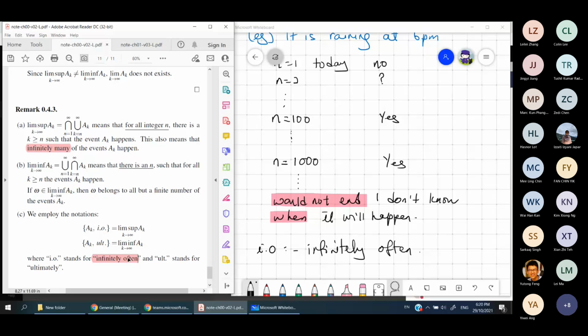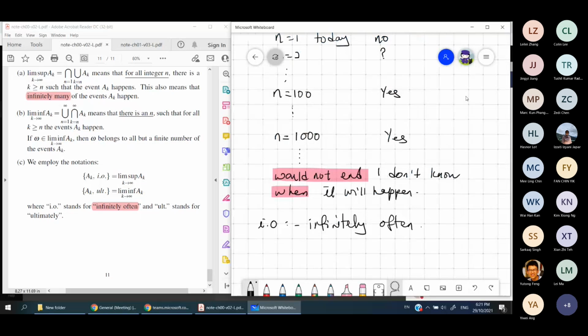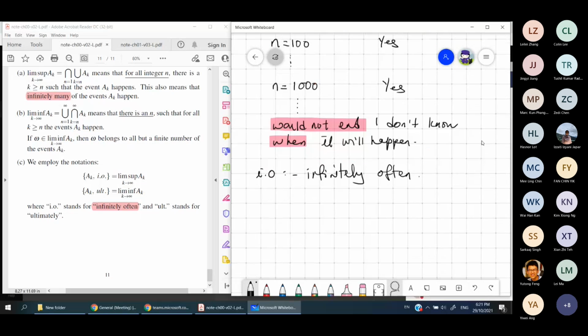This is one of the interpretations for this limit supremum of A_k. I hope you can get the idea for it. So this is an interpretation for limit supremum. We use infinity often. The idea is definitely it will happen and happen again, but we just don't know when.